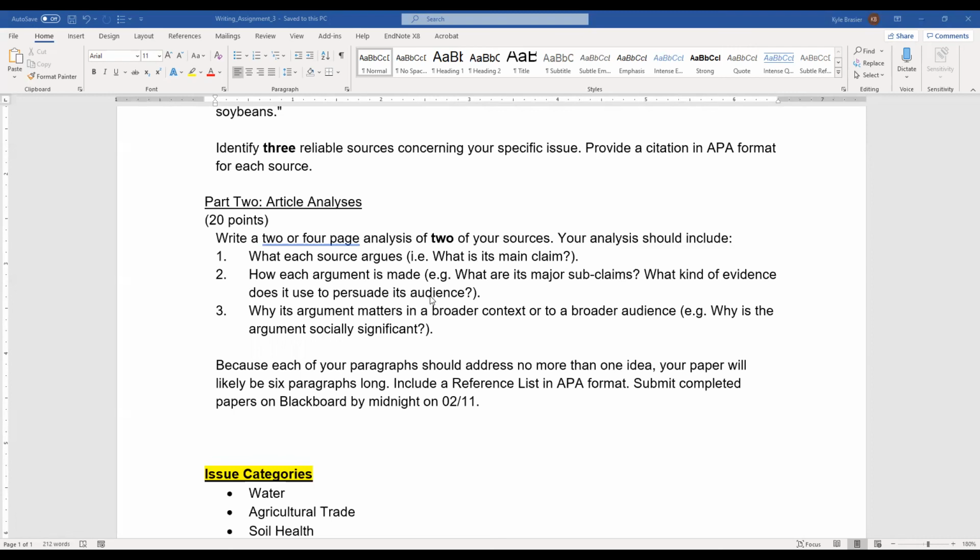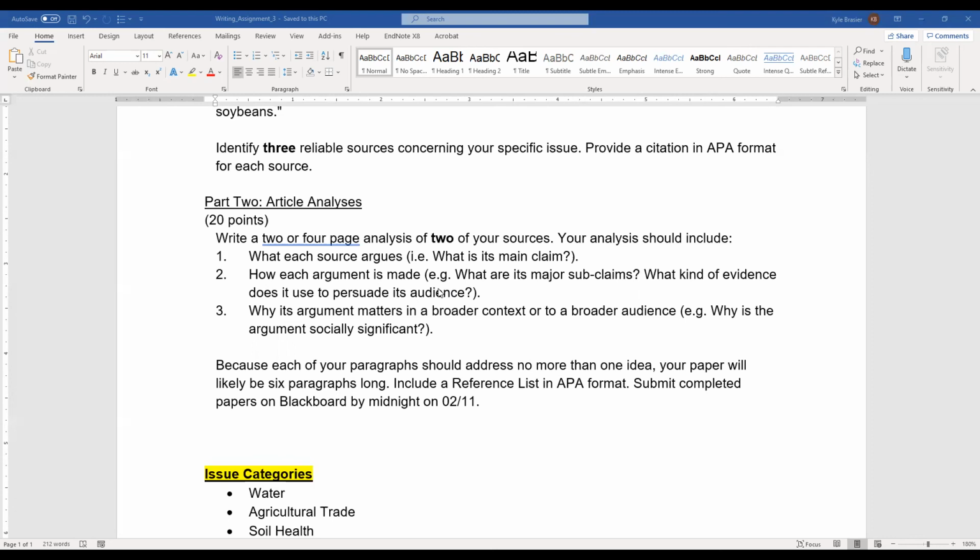Now, each of these paragraphs that we have laid out here for each of these points should be about 1 paragraph per point, per source, right? That means your paper should be about 6 paragraphs long. And it must include your reference list in APA format, and your APA citations should appear in text in these paragraphs.